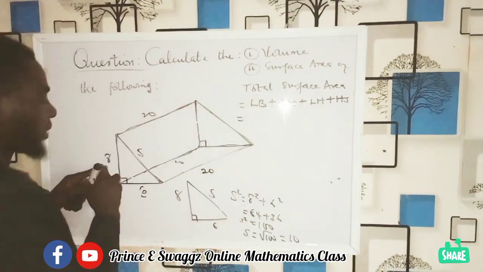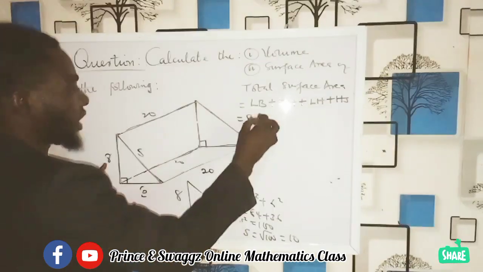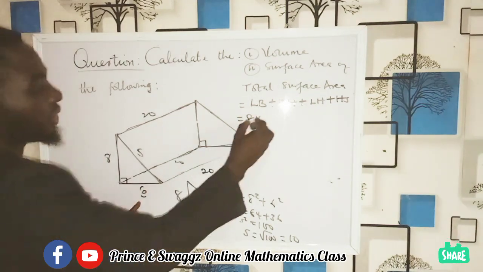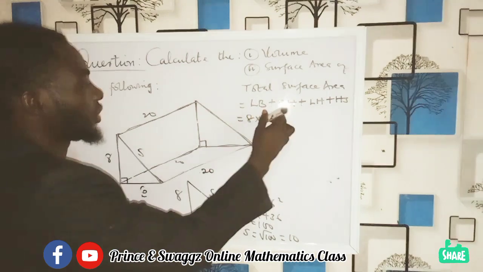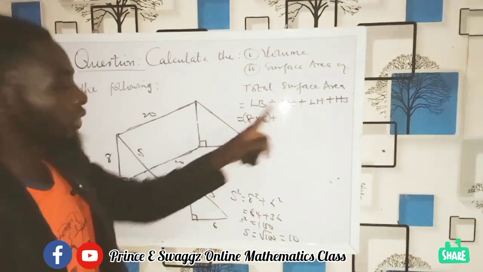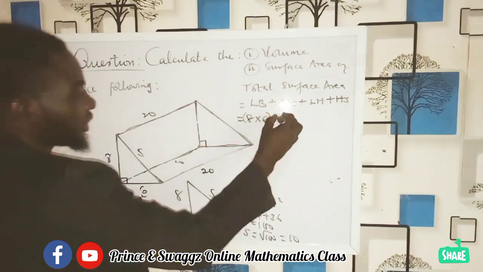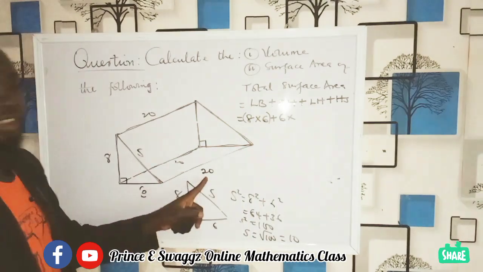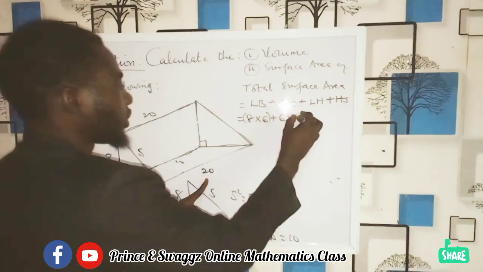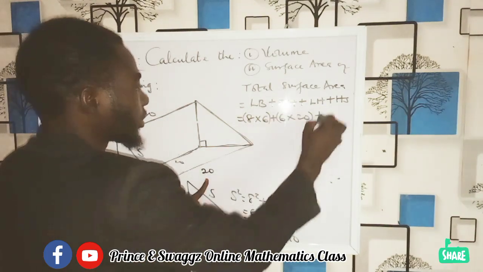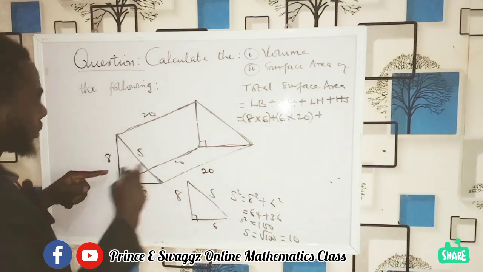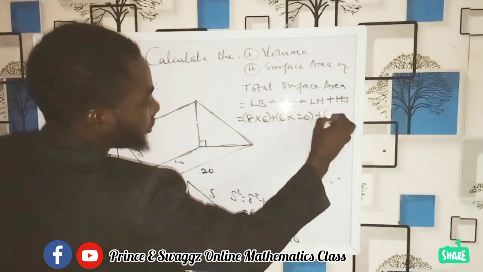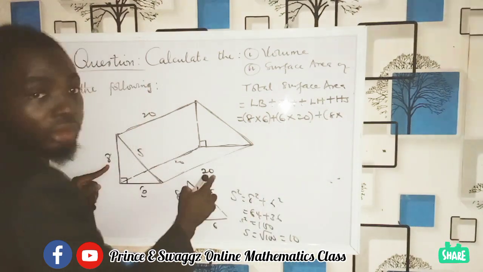So I just put all the values inside this formula together. Now the first one is L, my L is 8, times my B, which is 6. Then plus the other one, B is the base, that's 6, times the height of the shape, which is 20. Then the other one, LH. L is 8, then H is 20.